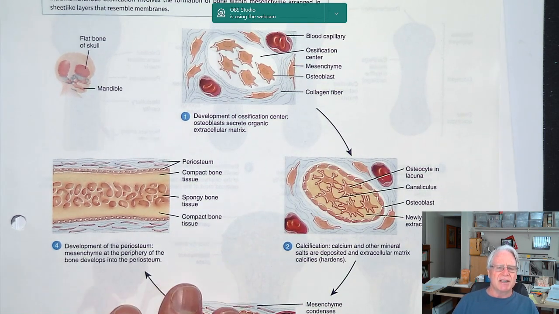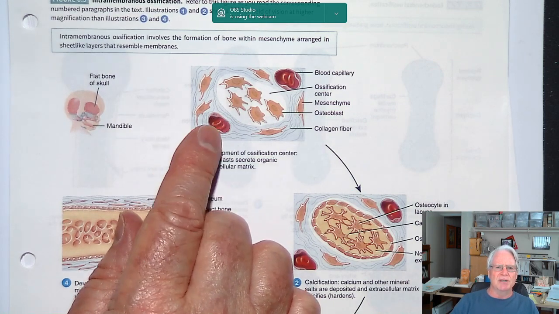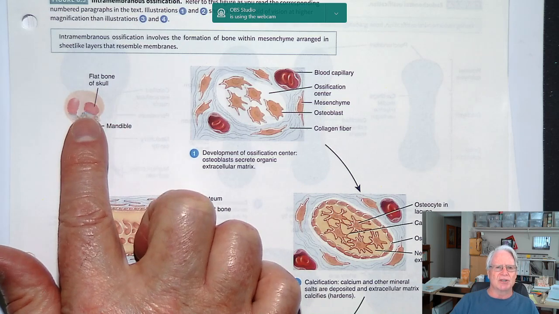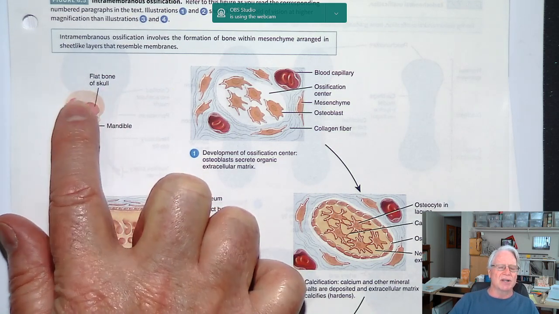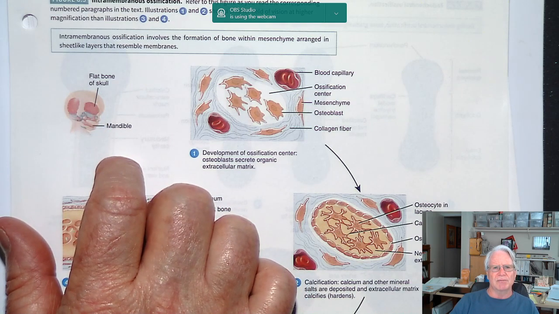So the deal with this is that we are going to build our bone tissue on a model of fibrous connective tissue. Many of the bones, in fact all of the bones in the skull and several bones outside of the skull, are built in this fashion.